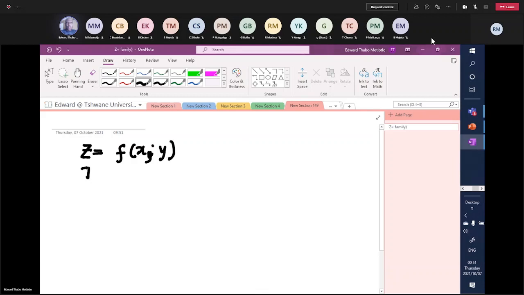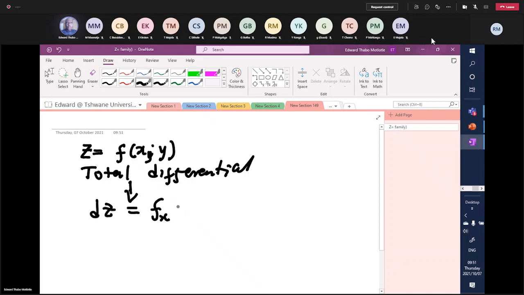Now we started by determining the total differential. So the total differential, let me write it: dz equals, differentiate f partially with respect to x, dx, plus we differentiate f partially with respect to y, dy.